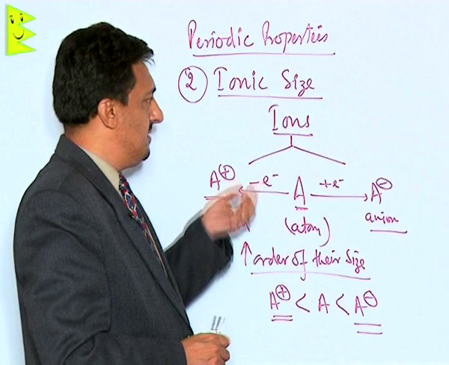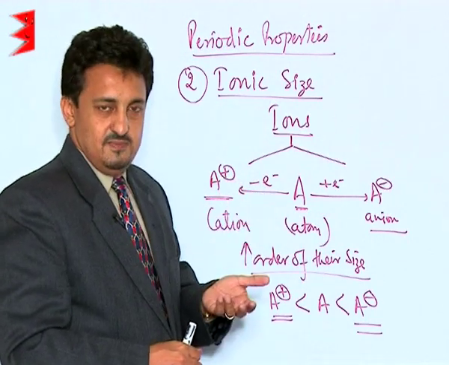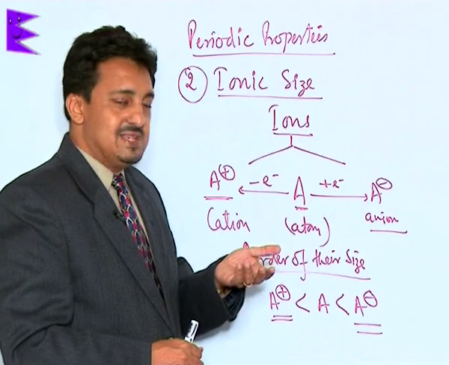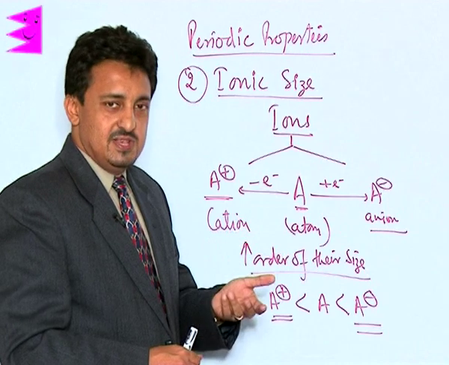Now we have to study how this ionic size varies in the periodic table. Remember, ionic size, like atomic size, is also expressed in Angstrom units or in nanometers.